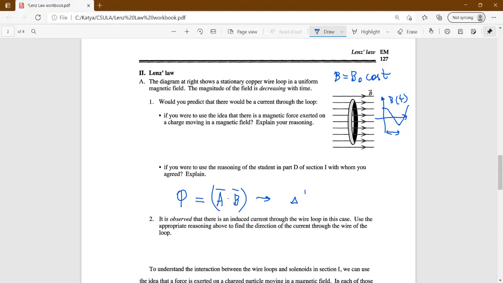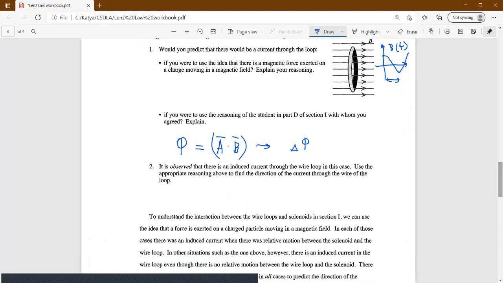So there is going to be a change of flux, and it's still going to create a current here, though nothing is moving. If you consider student 3, who says that the flux created is opposing the change of the flux, that's going to be an application of this.